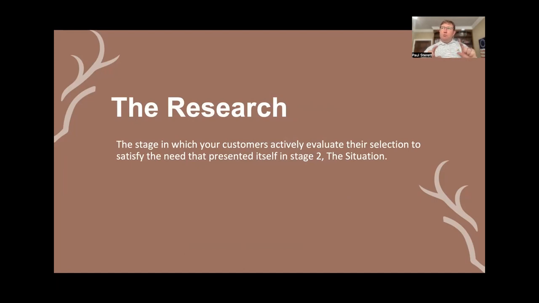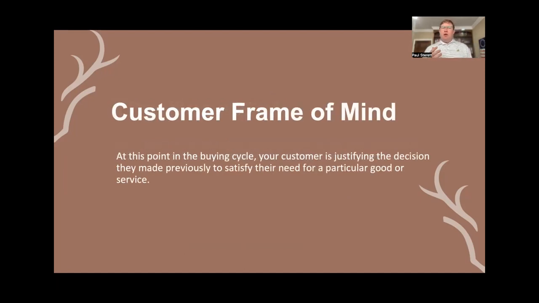And so understanding those 2 different types of media, relational and transactional, really starts to distinguish themselves in this research stage, because facts and figures are becoming more important. Now, the frame of mind that our customer is in at this point is really justifying the decision that was made in stage 2, the situation, because that's when they decided, coming out of that into reviewing their options, that yes, they were going to take action to satisfy that need.